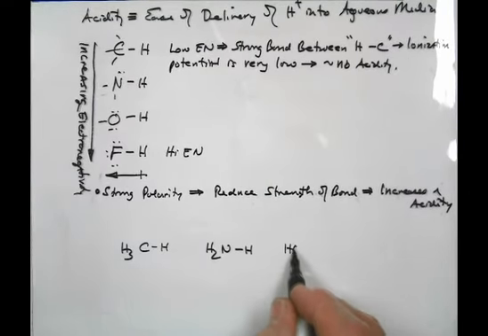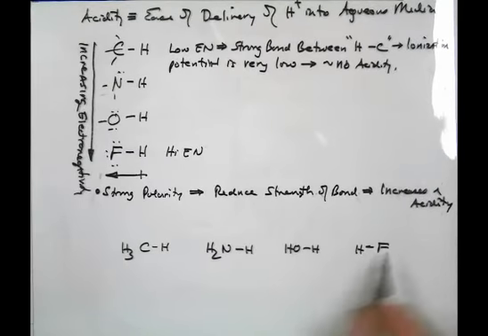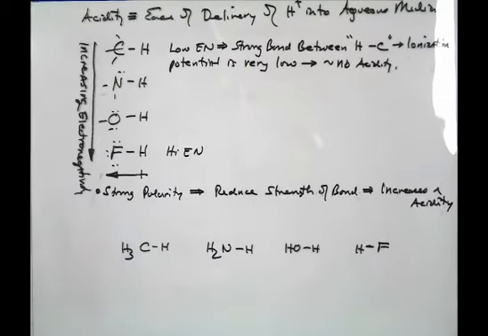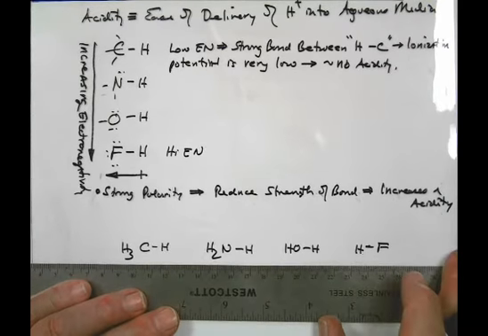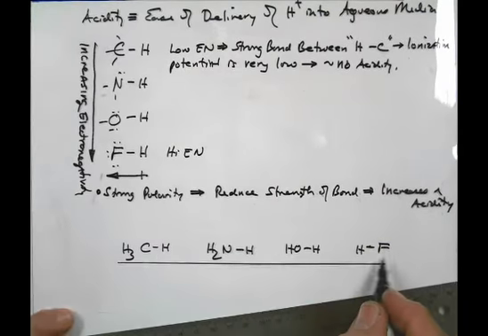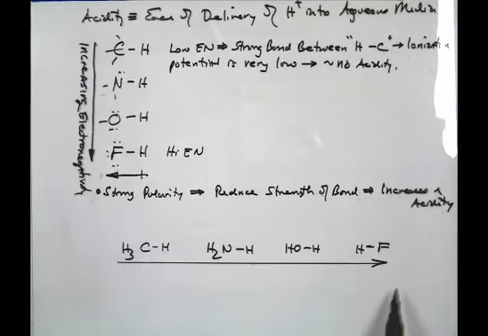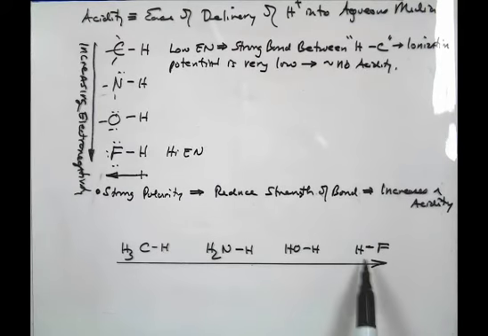So in a general sense, if we have, say, methane, then ammonia, and water, and then hydrofluoric acid, in that sequence, who is the strongest acid? Who is the weakest acid is the typical question that would be presented. So as we go from left to right, based on what I've just given you, we have an increasing electronegativity of the central element.